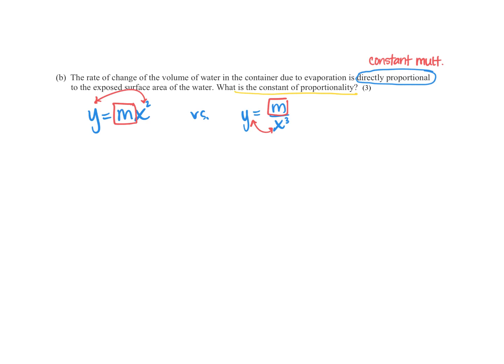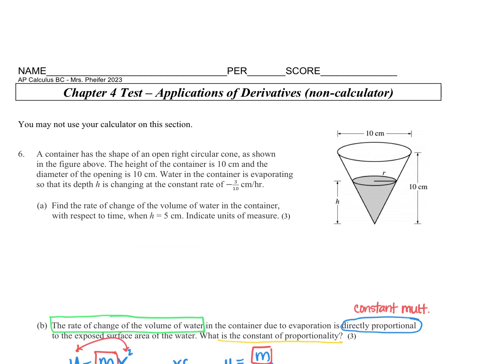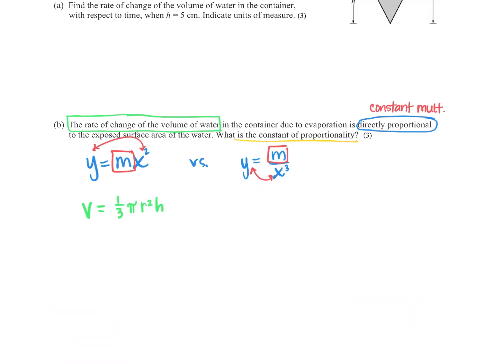Okay, so let's see what we started with. We are asked about the rate of change of the volume of the water. We know that the volume of the water was 1/3 pi r squared h because it was a cone. And based on the fact that the radius and the height, as we saw up here, were in proportion to each other, we could understand that this was 1/3 pi times (1/2 h) squared times h.